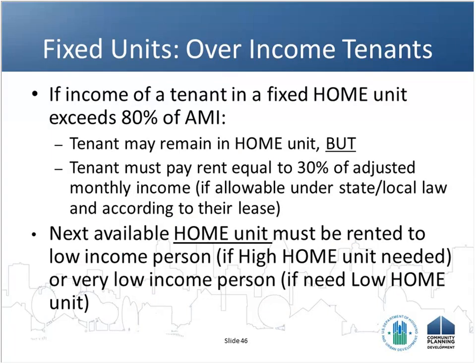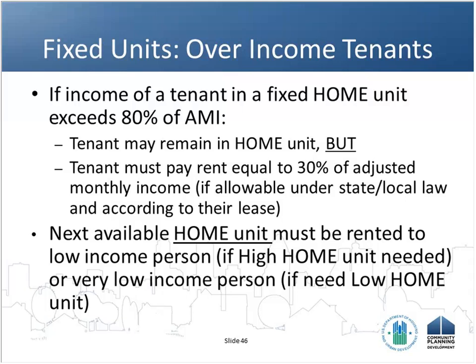I mentioned yesterday, we may be doing adjusted income in a few instances. This is one of them. And I will note that the income calculator available on the HUD Exchange will help you calculate adjusted monthly income. But we're going to raise their rent up to 30% of their adjusted monthly income.